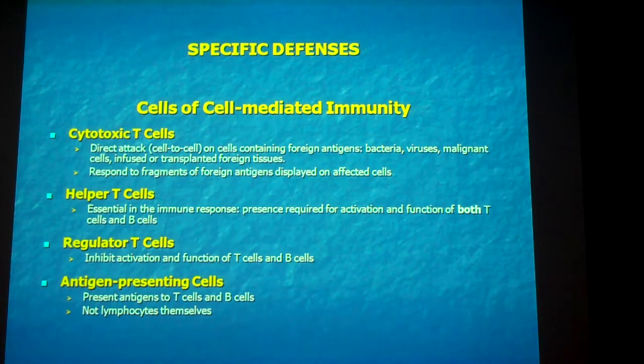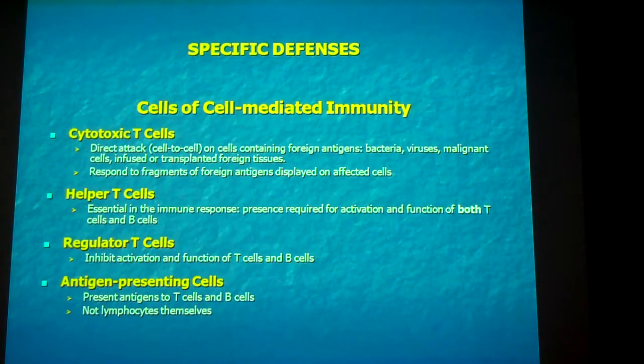Now, these are the cells of cell-mediated immunity. The cytotoxic T cells, which are most of them, about 80% of them, are the cells that attack cells that contain the foreign antigen that they are specific for. Helper T cells are those that help activate and stimulate those, both T's and B's.